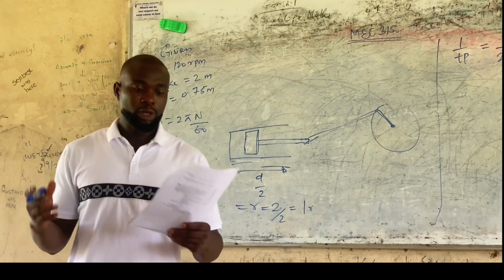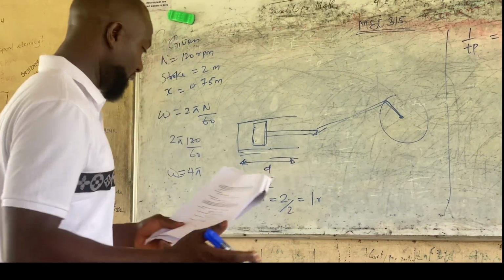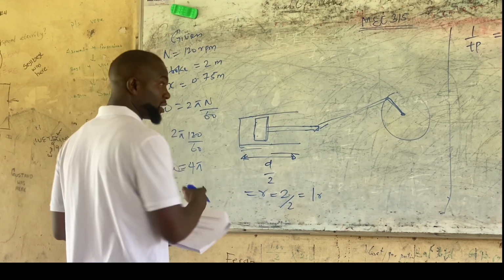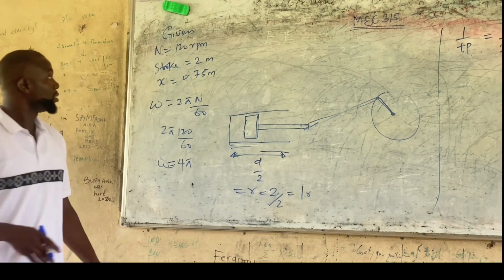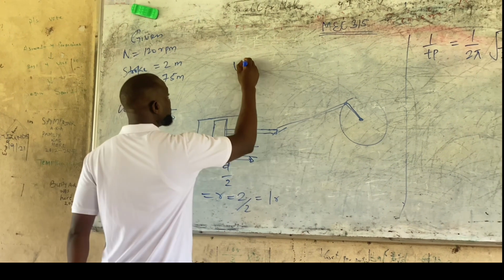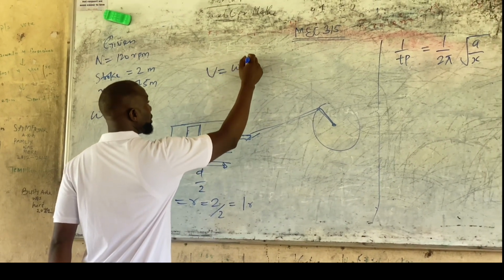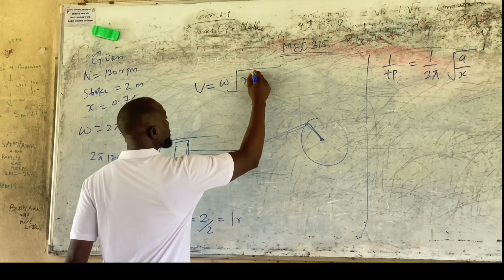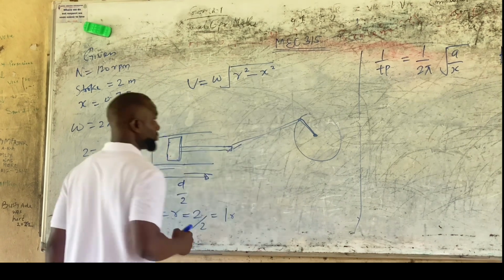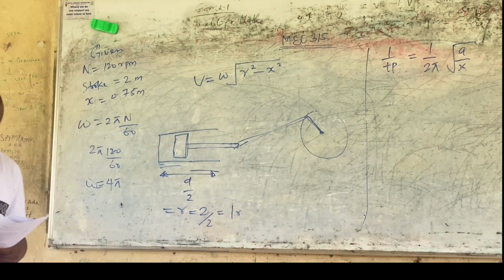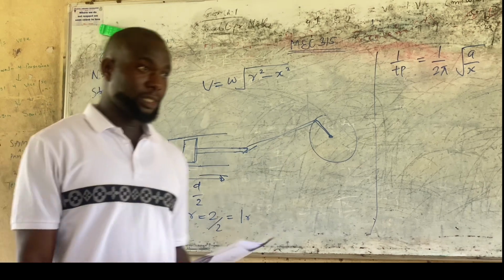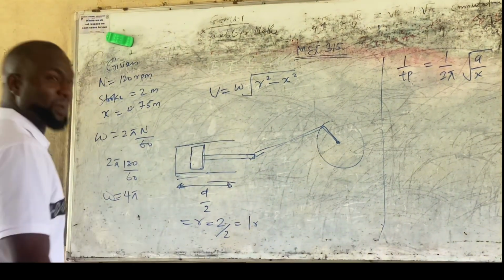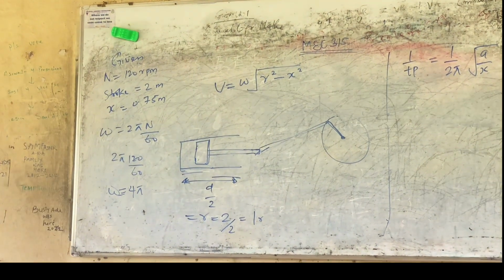Now we want to calculate velocity and acceleration. To calculate velocity in this type of motion, V is equal to W times the square root of R squared minus X squared. Are you getting it? R is the amplitude, X is the displacement.